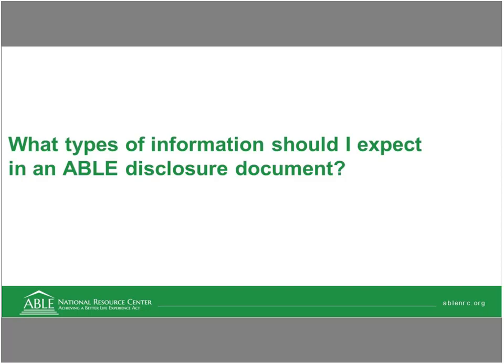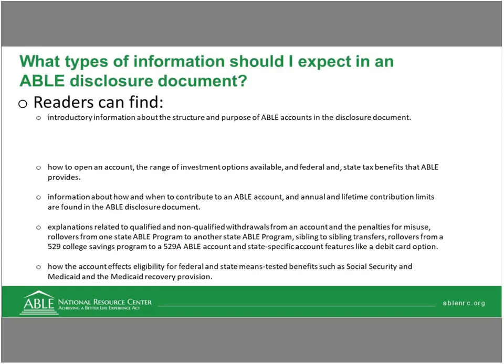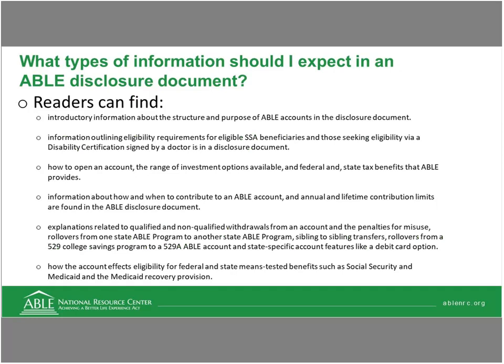Okay, so what types of information should you expect in an ABLE disclosure document? It's important to understand what types of information might be included, because if you don't go in knowing what you're looking for, the documents can at times be a little overwhelming. Readers can expect to find introductory information about the structure and purpose of ABLE accounts in general, often giving you a little history, some of what we discussed earlier on.